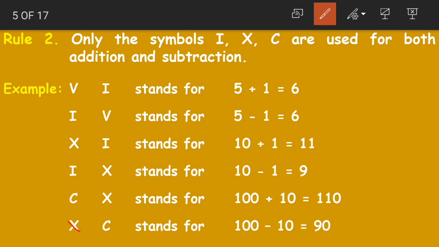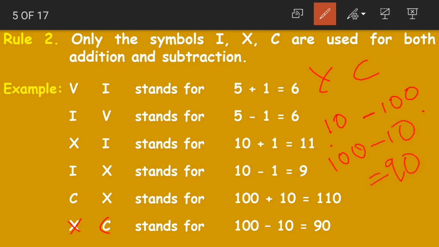The last one, XC. Now again look here. XC, that is X is 10 and C is 100. Now we have the smaller one first and the larger one on the right side. So what we do is we subtract: 100 minus 10 is equal to 90. So the value of XC becomes 90.